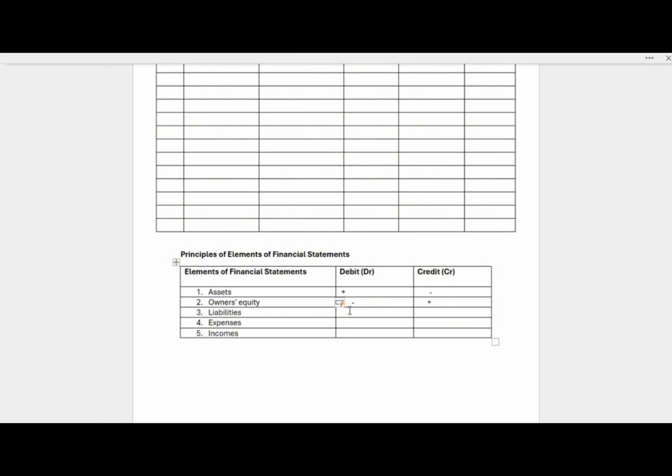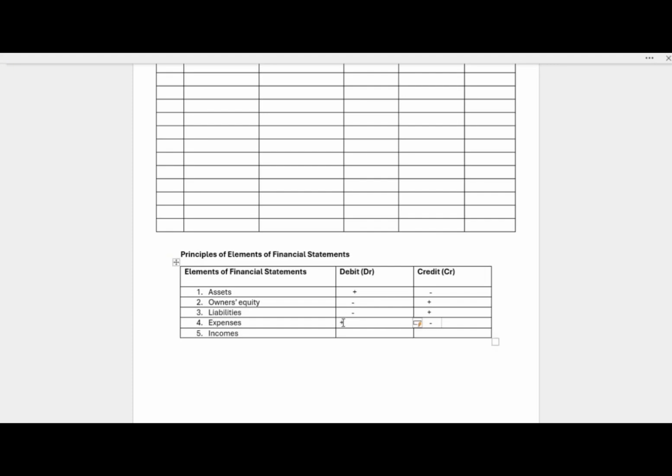And then liabilities also increase on the credit side, and decrease on the debit side, minus right there. And then expenses increase on the debit side and decrease on the credit side, right?